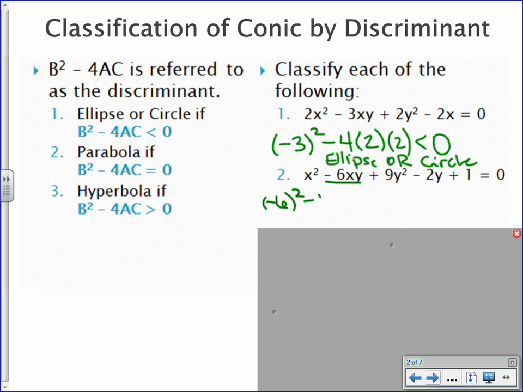So b squared minus 4 times, what is a? And what is c? So we have 36 minus 36. How does that compare to 0? It equals 0, so if we look at our rules, that means we have a parabola.